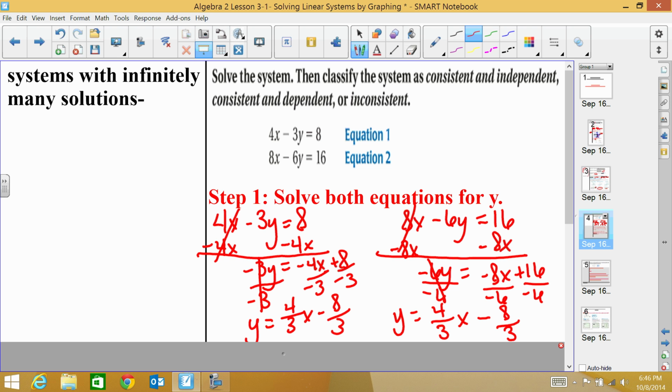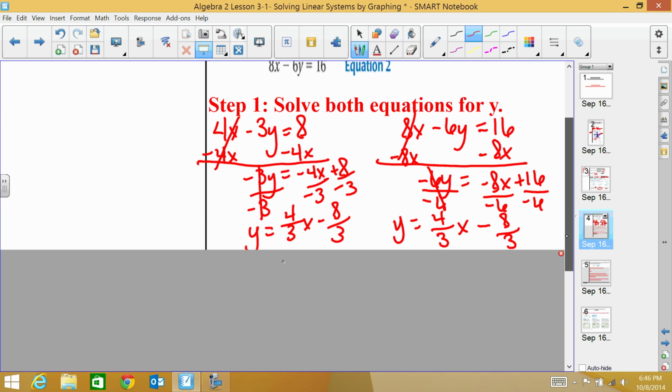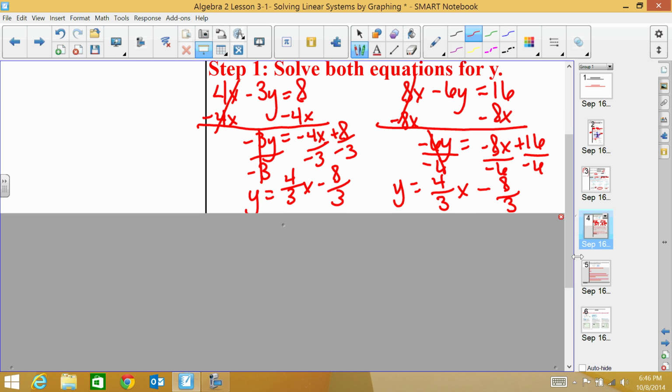So what do you notice about these two equations? They are the exact same line. So if I was to graph them, they would cross infinitely many times. So how would I classify this system? Would it be consistent or inconsistent? Well, it has solutions, so it's going to be consistent. And then I have to decide, would it be independent or dependent?